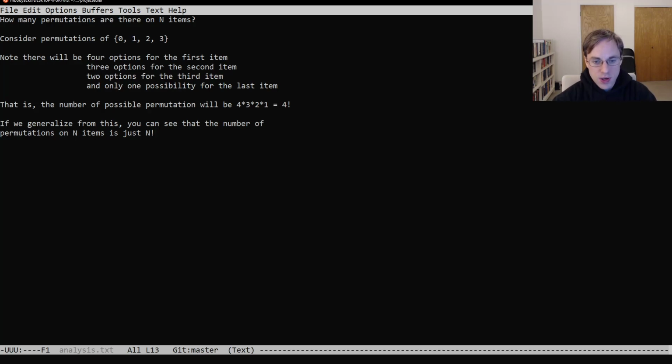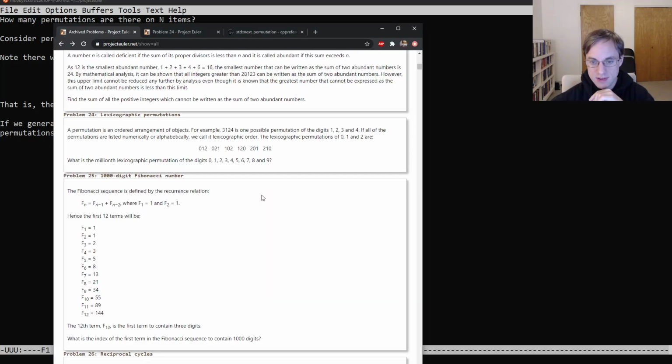Okay, before moving on, you may just note that this matches the example that's given. These are all the permutations on 0, 1, and 2, and there are indeed 6 of them. That is 3 factorial.